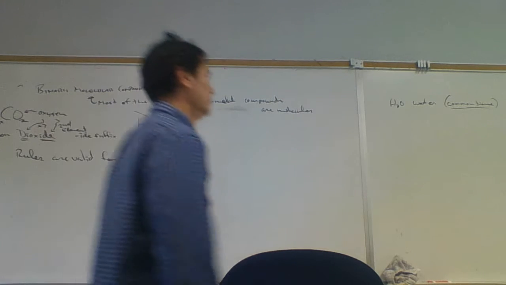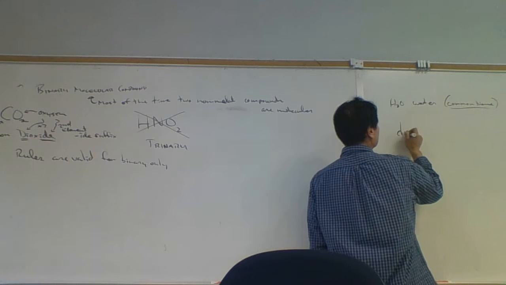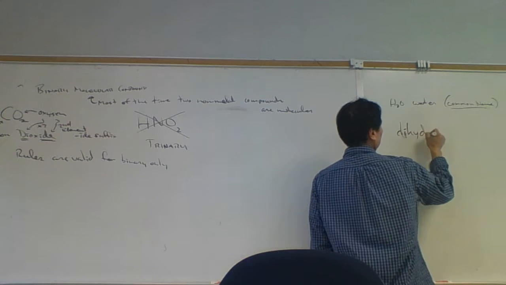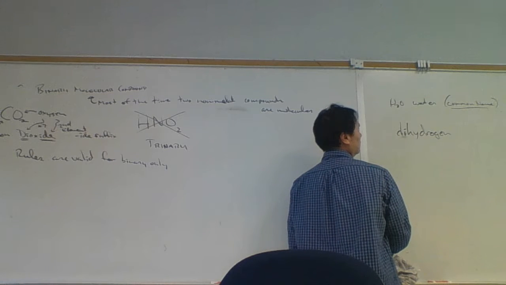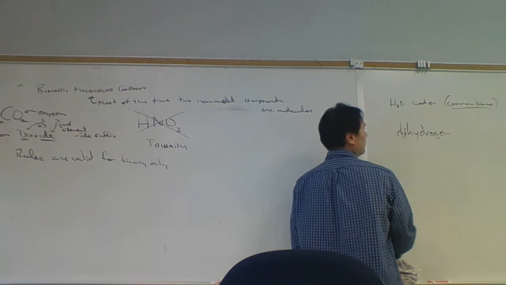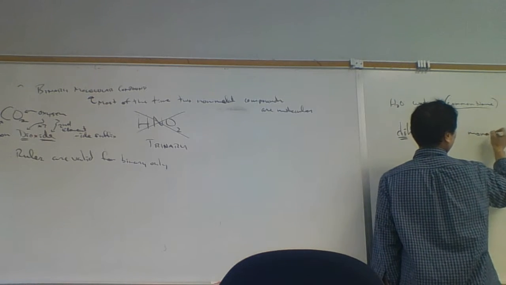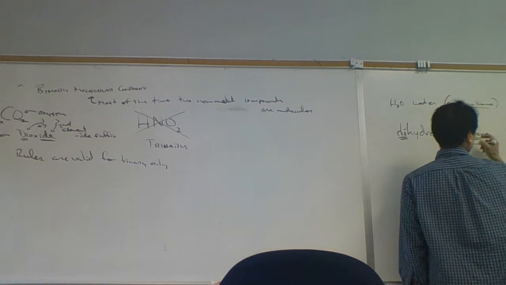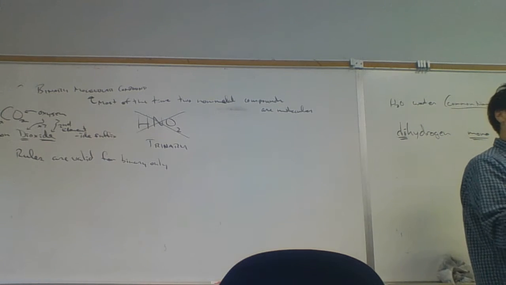How would we name water? We call water dihydrogen because there are two hydrogens. Monoxide. So di here, and then mono here for one. And then we could call it monooxide or monoxide.